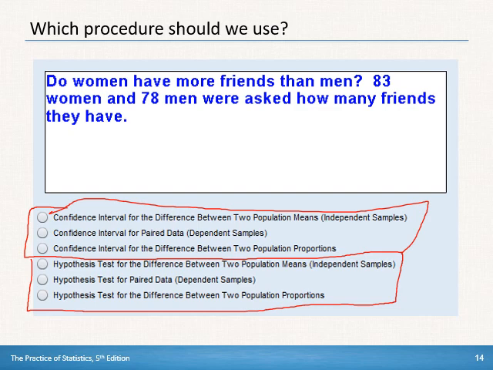We're asking how many friends they have, so each person is going to give us a data value, a number. And so we're talking about means in this case. So I think you could see that we're definitely talking about a hypothesis test for difference in population means, not proportions here. All right, let's look at the next one.